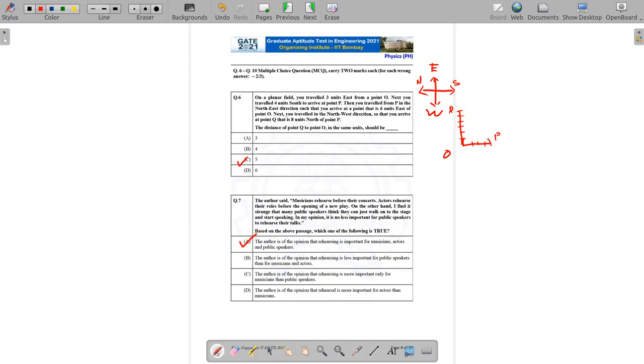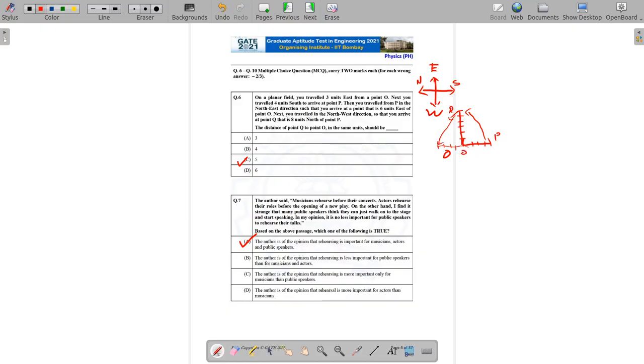Okay, you travel in the northwest direction, which is again this direction, so that you arrive at point Q, that is 8 units north of point P. Okay, so basically 1, 2, 3, 4 units and 4 units here, so total 8 units here.